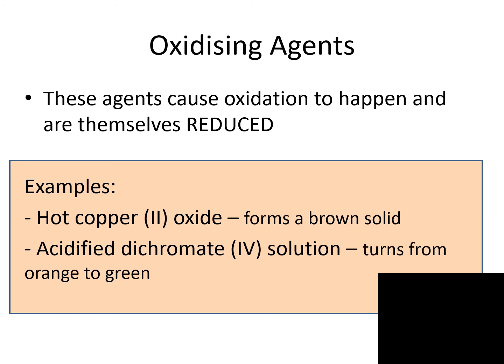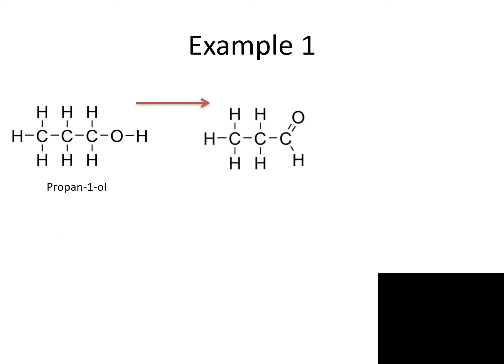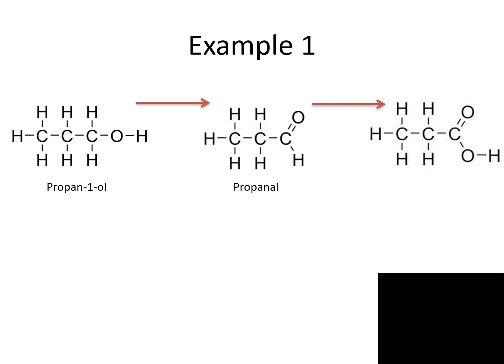Okay, so going through your first step, your first oxidation, you can use hot copper(II) oxide or acidified dichromate solution.